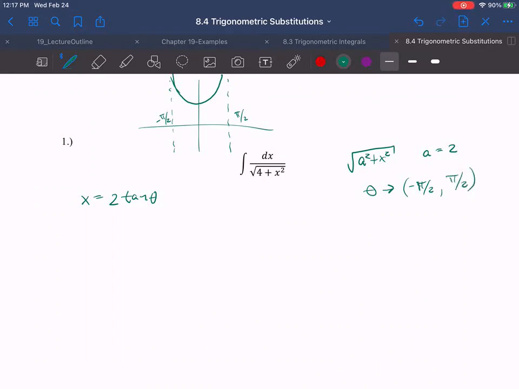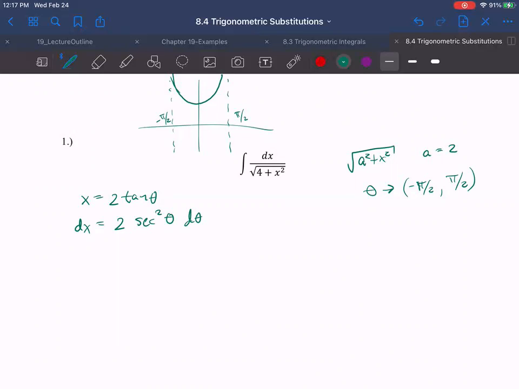Okay? So if that's what x is, what is dx? What's the derivative of tangent? Oh, yes, I'm sorry. I had secant tangent still in my head. Secant squared theta and then d theta. All right.